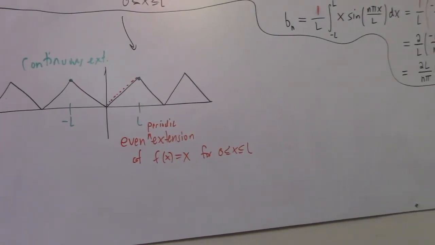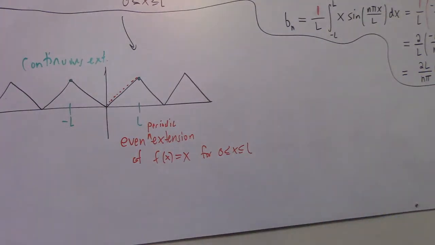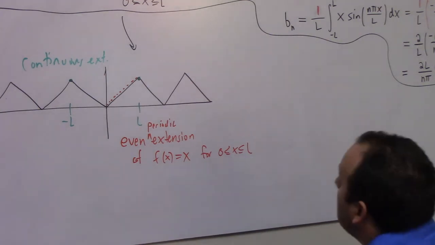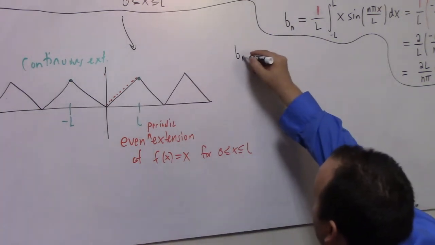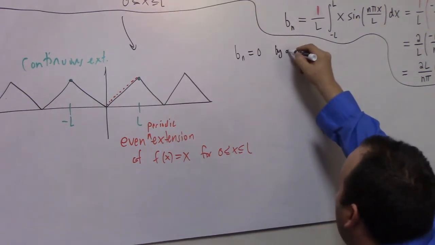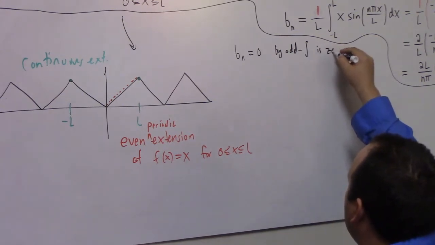There we go. So here, again, we have that b sub n is equal to 0 by the odd integral is 0 argument, right?